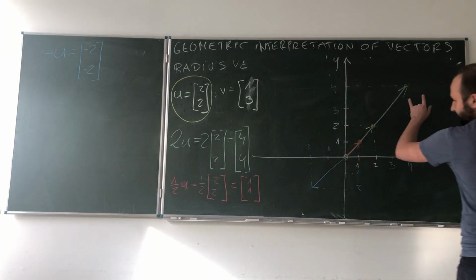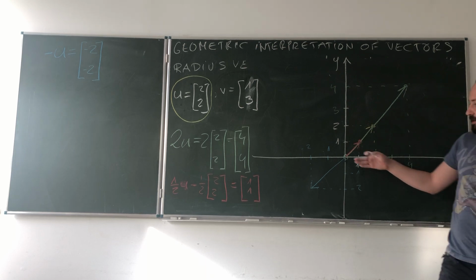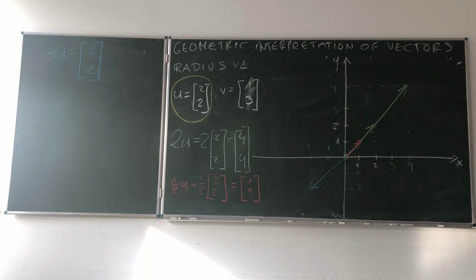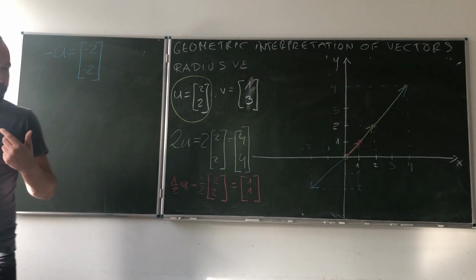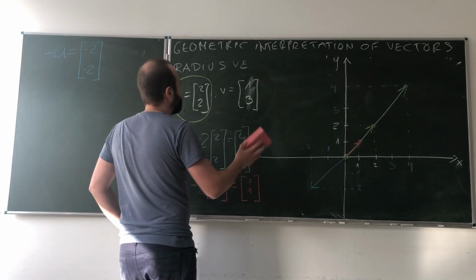So, you see, now we are going simply in the opposite direction. So the arrowhead is pointing down. So pointing to the southwest, right? Okay, and this is also a very important property because it will allow us to actually create a procedure for subtraction of vectors.